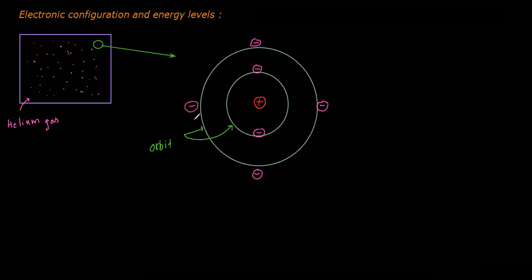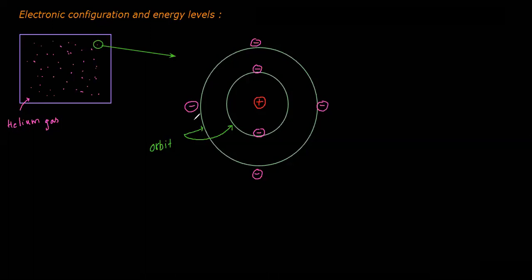Now you have to keep one thing in mind: here I have represented only two orbits, but that doesn't mean all atoms contain only two orbits. There are more than two orbits, depending upon which gas you are using or which type of material you are talking about.